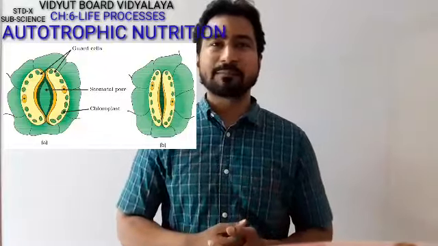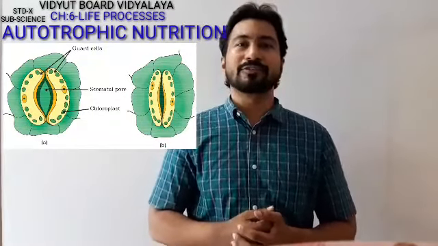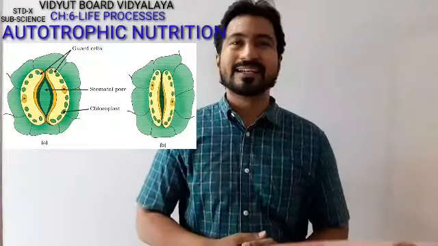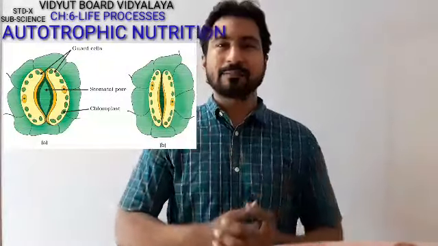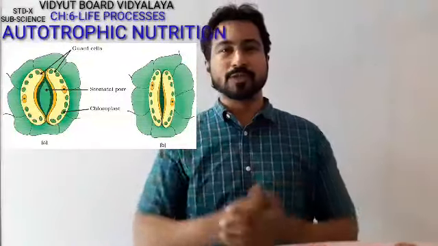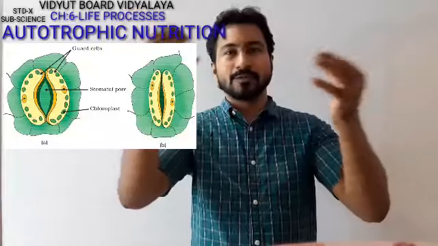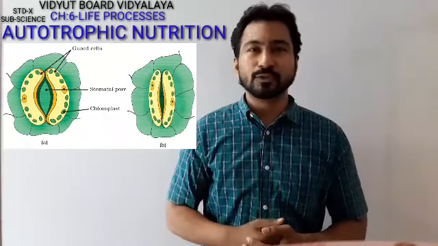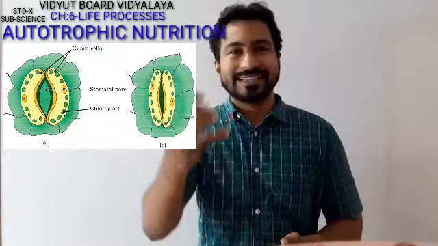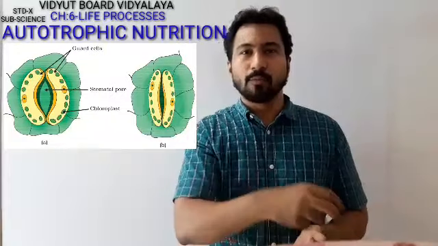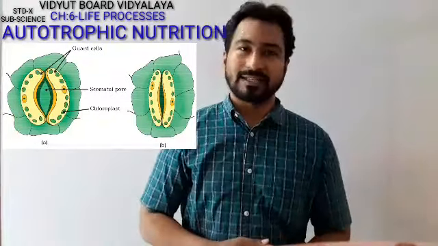These stomata are mainly present on the surface of the green leaves. And as carbon dioxide is present in the atmosphere, it will be entering into the stomata and then through stomata into the body of the plants.